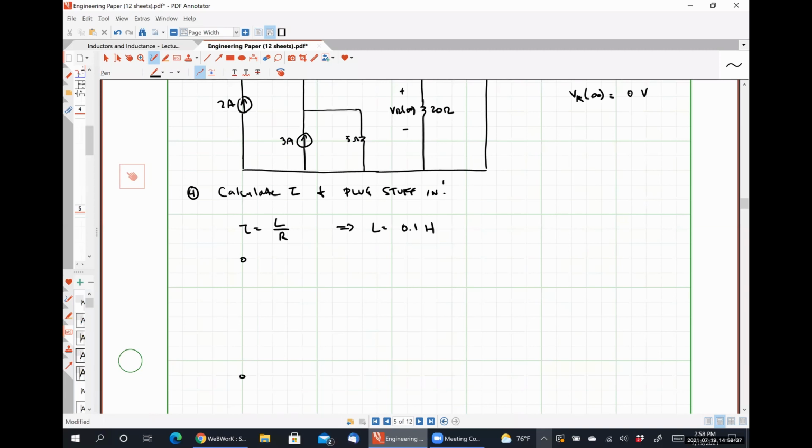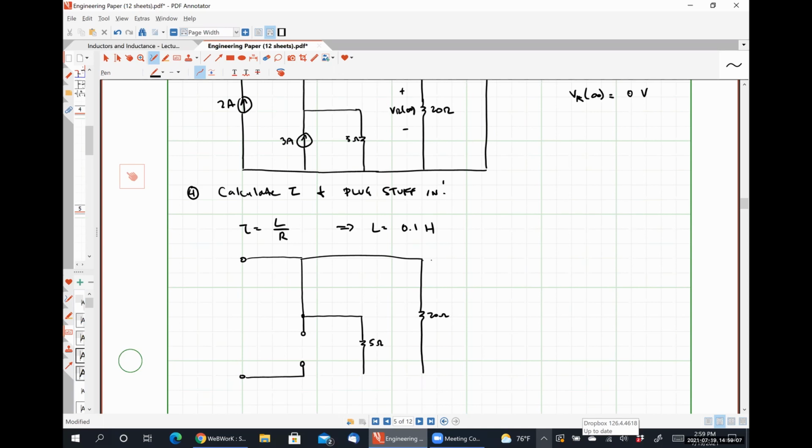So that's where my 2 amp current source was supposed to be. Since we're during the transient condition, my switch is closed. Here's where the 3 amp current source should have been. Then I have my 5 ohm resistor. Over here, I have my 20 ohm resistor.